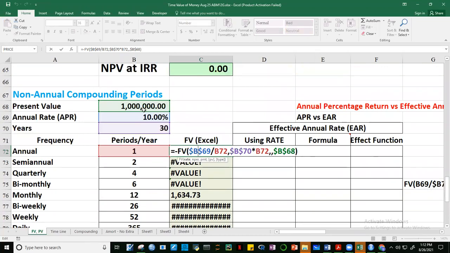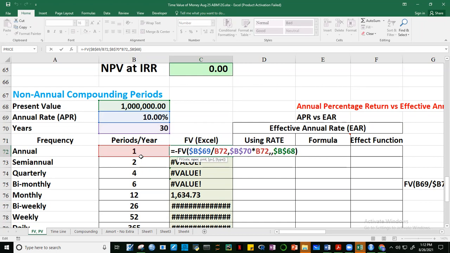Okay. I-fix natin to, no? Apo. So B69, this is your rate divided by yung periods per year, 1. Tapos kino-copy natin pababa to, hindi gagalaw yung 10% na to, yung B69, no? Diba? Tapos dito, this is N per is 30.